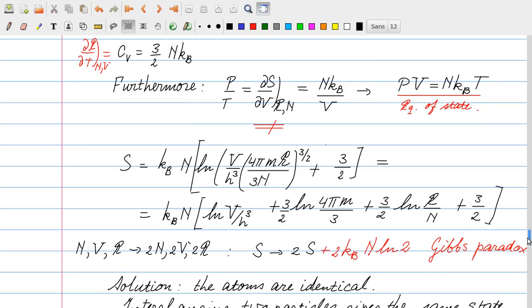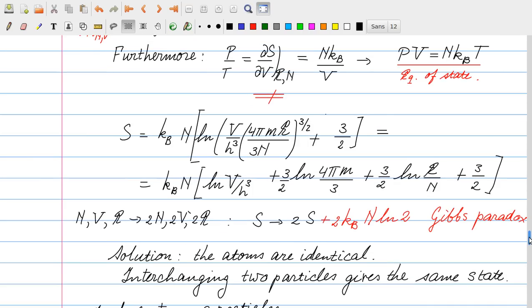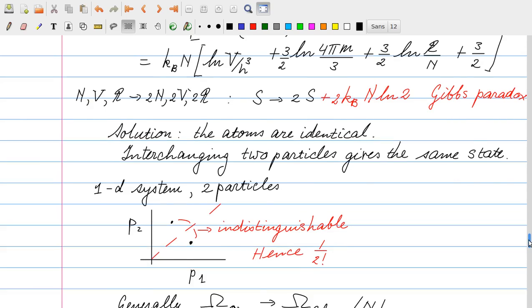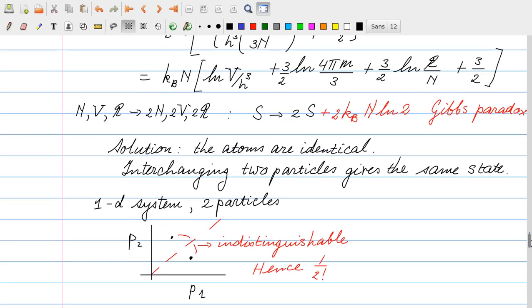And the solution to the Gibbs paradox comes surprisingly from quantum mechanics, because the atoms in my gas are identical particles. And if I interchange two particles, then according to quantum mechanics, I get exactly the same state. And so we have overcounted the number of states in my system. To make that clear, suppose I have two particles and they have two momenta. So a one-dimensional system, two particles. One particle has a momentum p1 and the other one has a momentum p2. Then I am, for example, at this particular point.